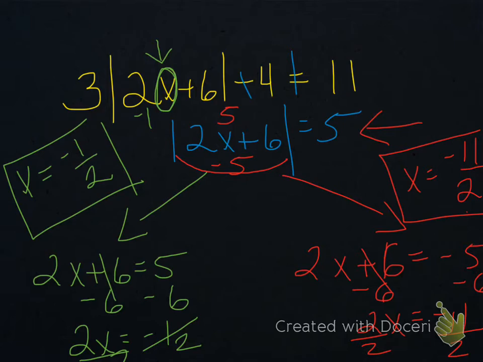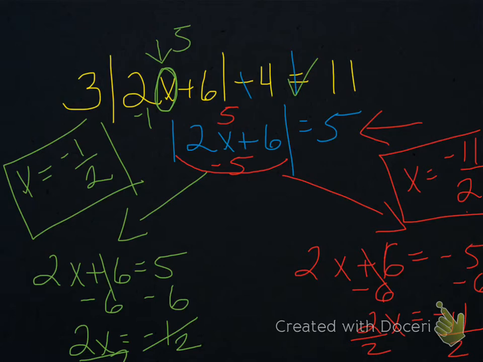So inside, that's what we wanted. Remember, we wanted this to be 5. The absolute value of 5 times 3 is 15. 15 minus 4 is 11, and that checks out. And you would have to hope that the negative 11 halves works also. So when we times the 11 halves and it's negative, my value is going to be negative. After I do this, the 2's cancel out, and it leaves me with a negative 11.